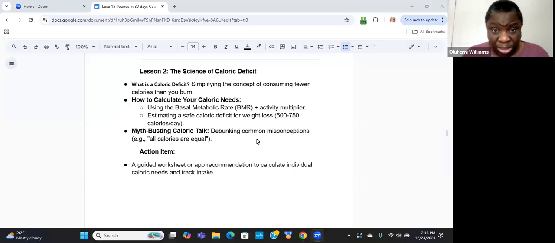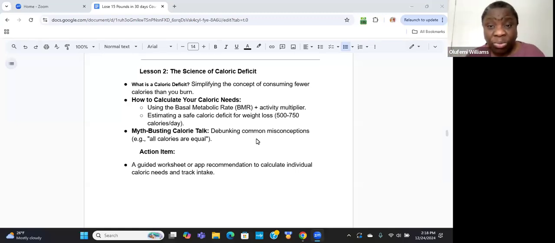Let's say you did the calculation and what you need is 2,000 calories a day to maintain your weight. Let's say that was the calculation.